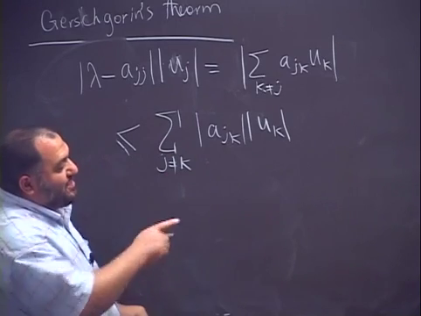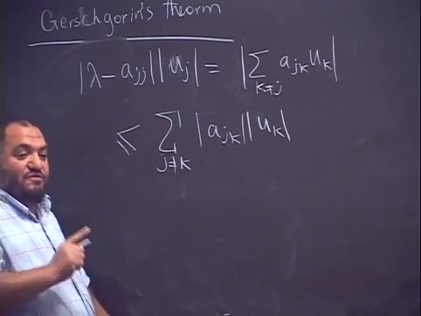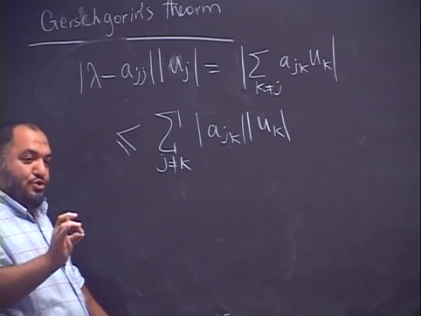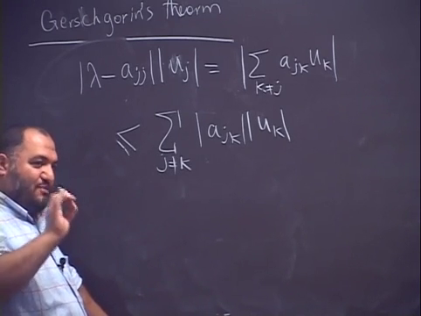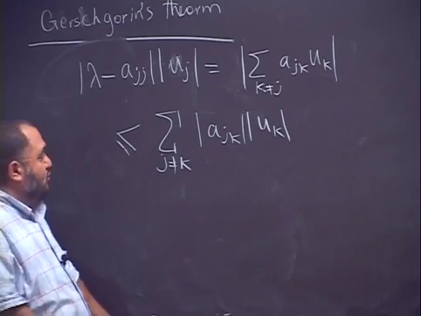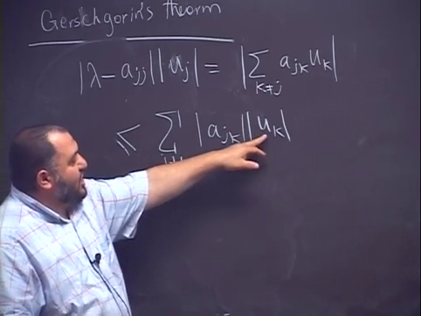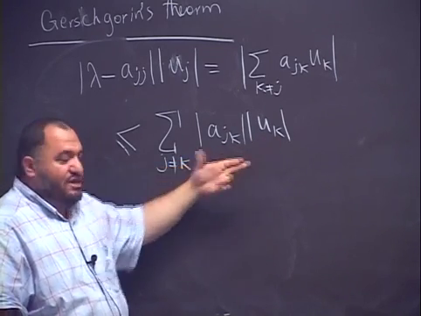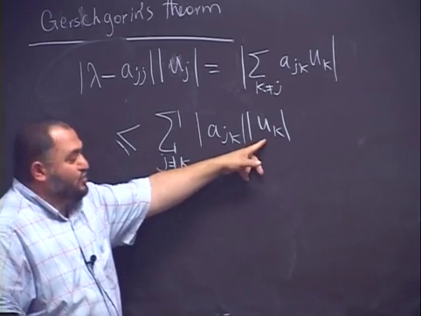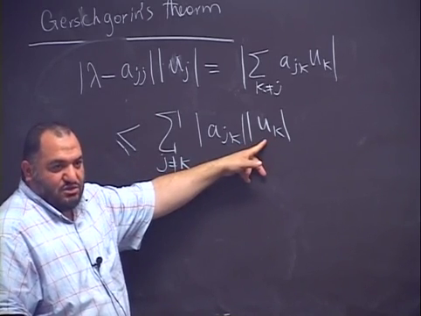But we picked j to give us the maximum component of u. So if we replace uk by uj, this will still hold because uj is the largest. Yes?